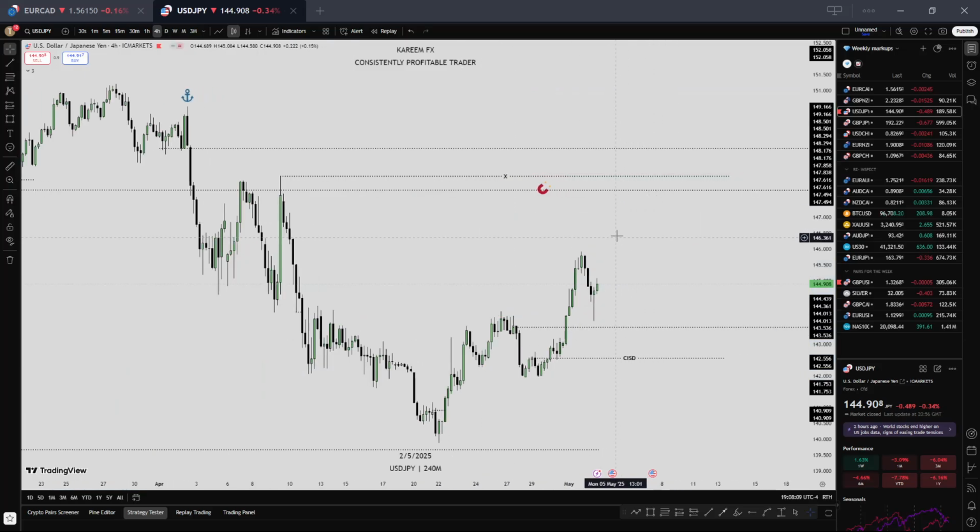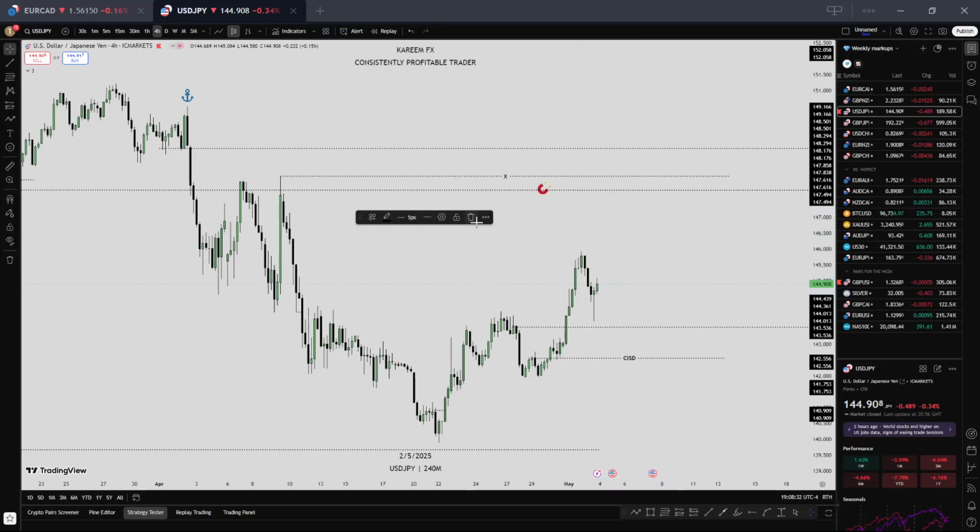So something like this. Is it that it will break, push past this one, come back for the liquidity, and go higher like this?